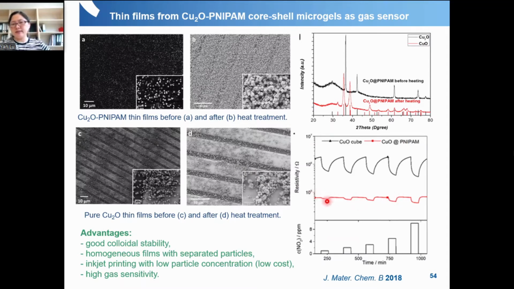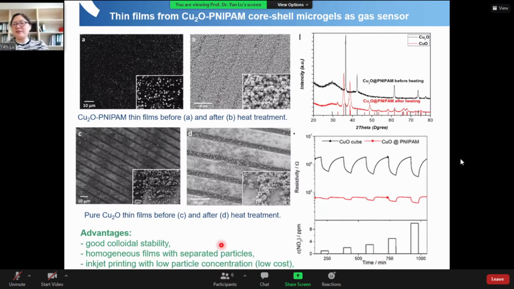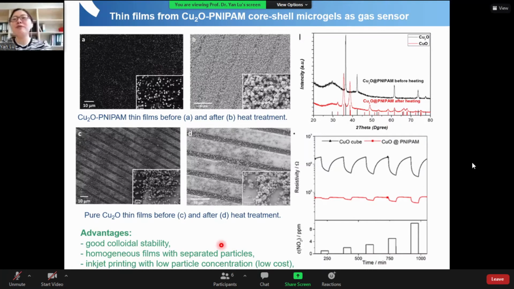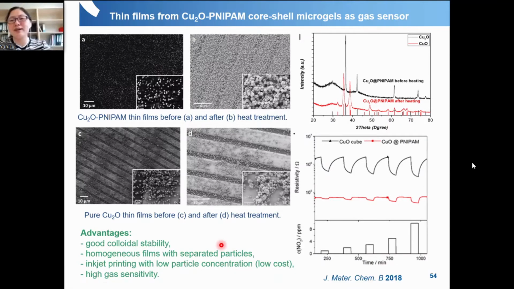They show much higher sensitivity, responsive to the resistance of the NO2 gas. Another advantage is that you need much less particle, so the material cost will be much lower. So this is another very promising possible application for the polyNIPAM networks.